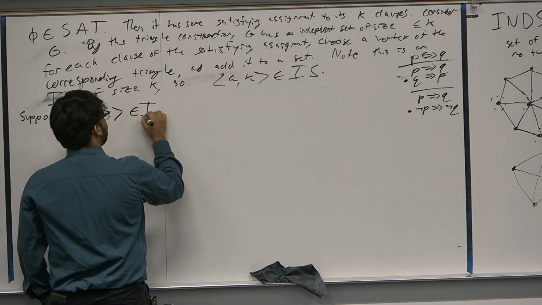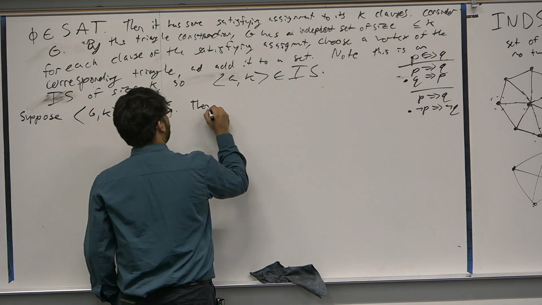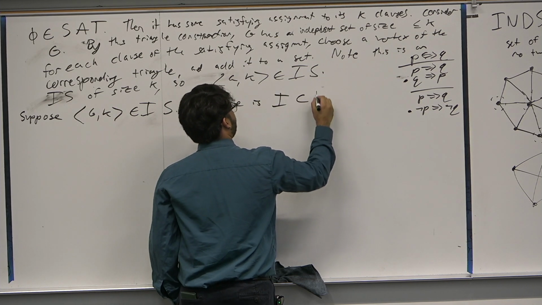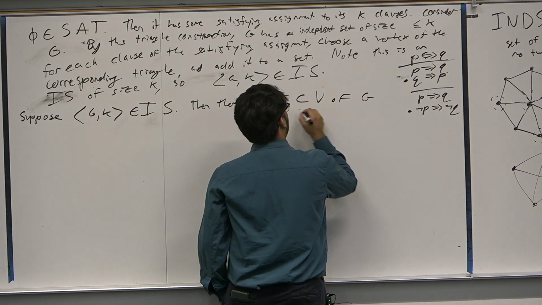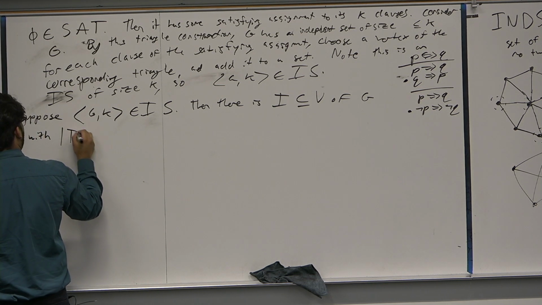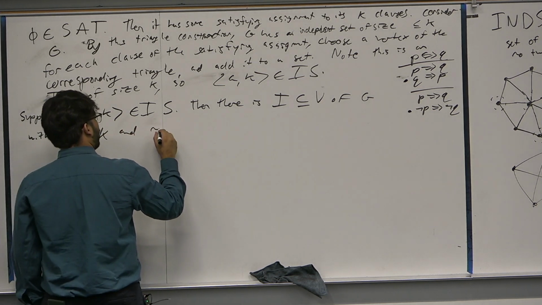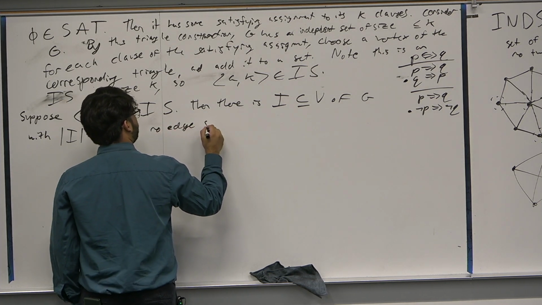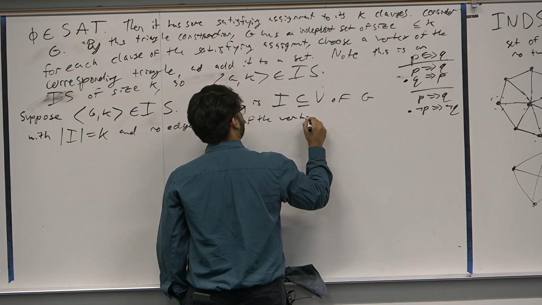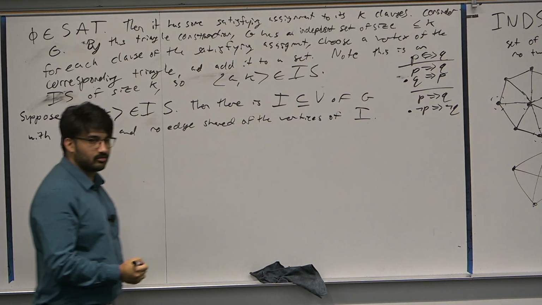Suppose (G, K) is an independent set instance. Then there is I, which is a subset of V of G, with the cardinality of I being K, and no edge shared among the vertices of I. It's independent, right?